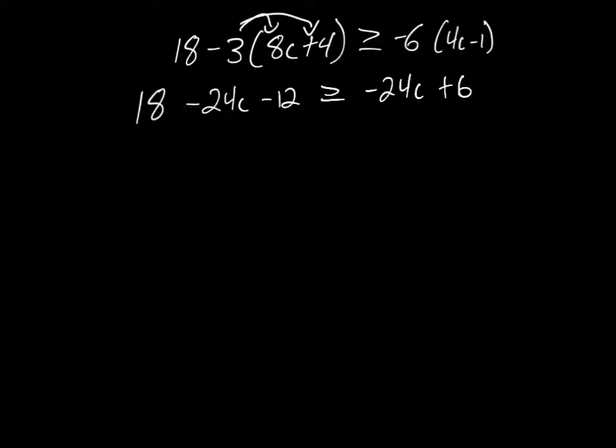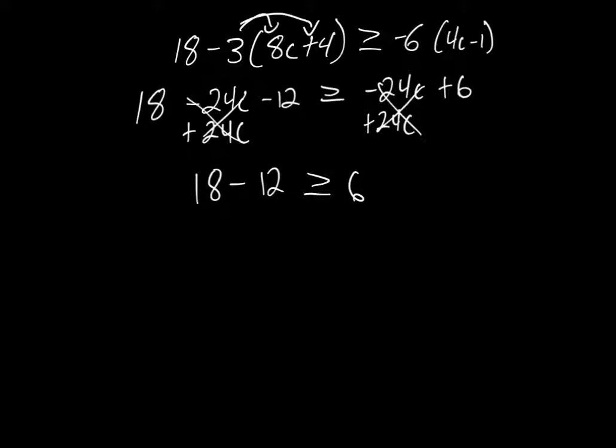Let's get our c's on the same side. I'm going to add 24c, add 24c. That cancels out. That cancels out. I got 18 minus 12 is greater than or equal to 6. 18 minus 12 is 6.